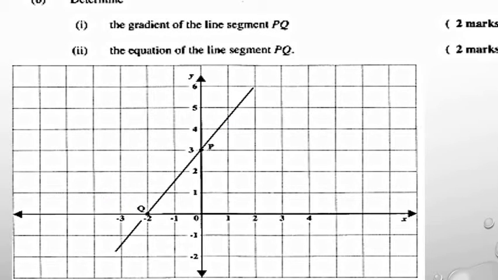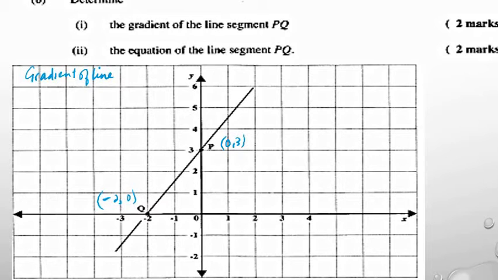The other part of the question now, part B, determine the gradient of the line segment PQ. Now again, P is (0, 3) and Q is (-2, 0). To find the gradient of the line, by looking at it, the scale on the x-axis is 1 centimeter to 1 unit, and on the y, 1 centimeter to 1 unit.